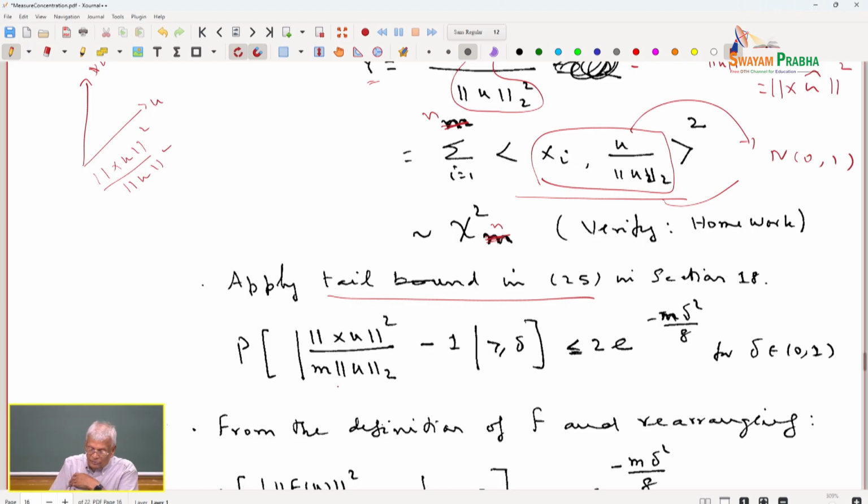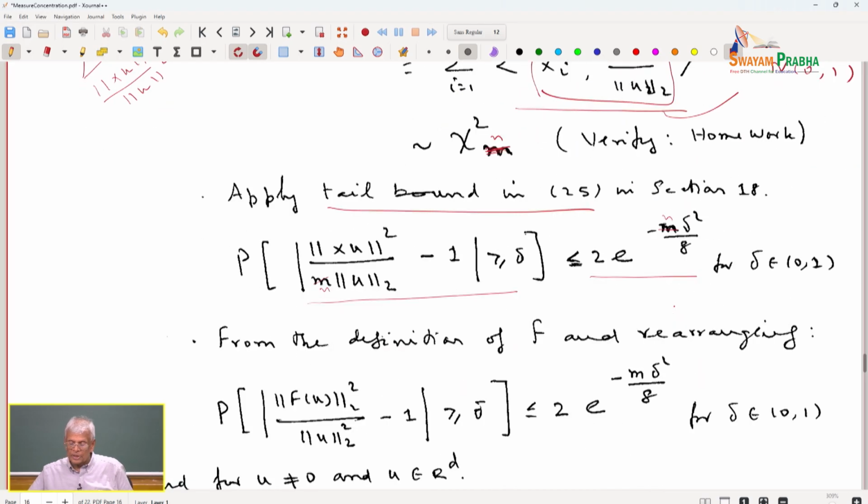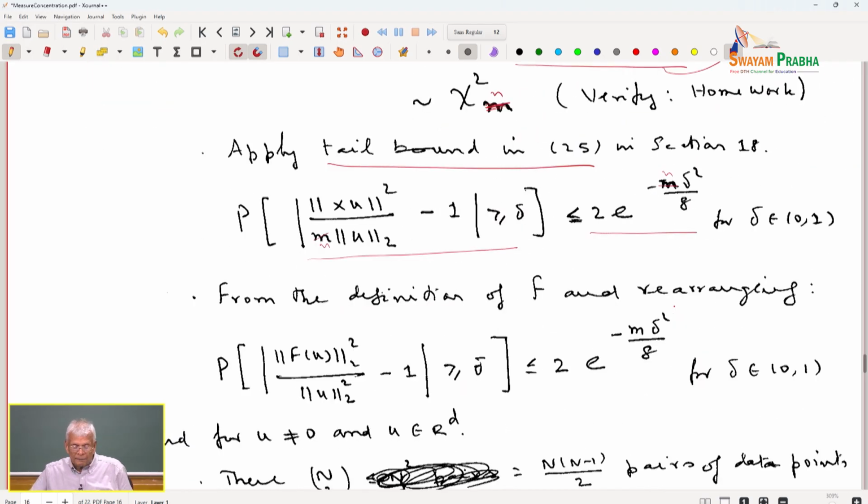So, that essentially tells you that this bound is less than or equal to. So, if this is m, that is m, if this is n, that is n. That is what I want you to be able to recognize. So, from the definition of f, what is f? F is the linear map, and rearranging the inequalities, this is simply the probability that the absolute value of the squared norm of f of u by norm of u, minus 1, is greater than or equal to delta is less than this.